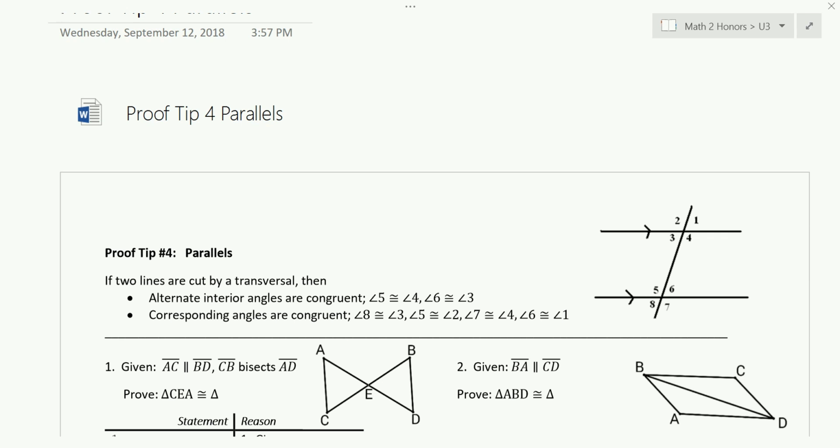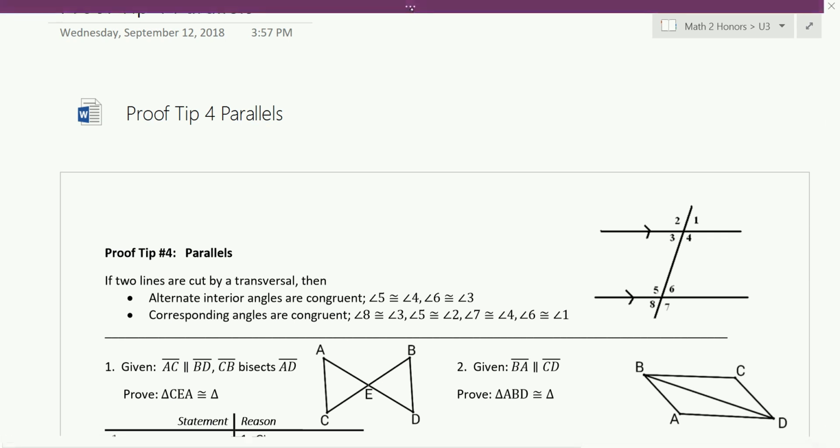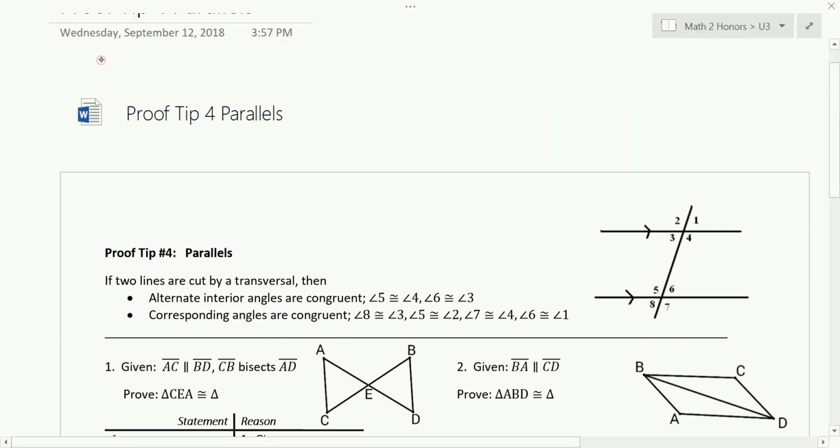What's important for you to remember and to apply here is when you look at a pair of alternate interior angles, so for example, angle 3 and angle 6, we say they're interior because they're in between the two parallel lines.